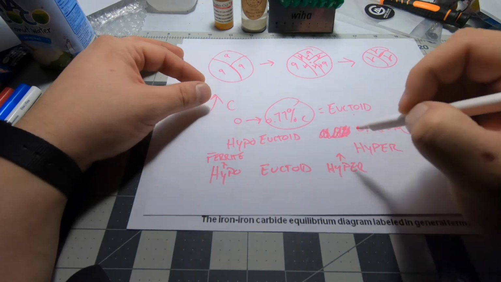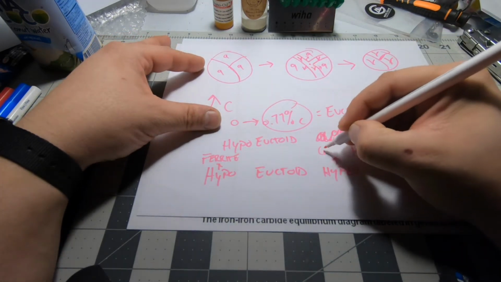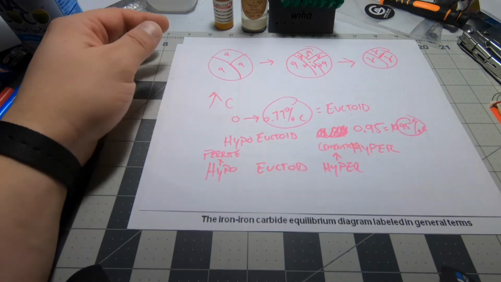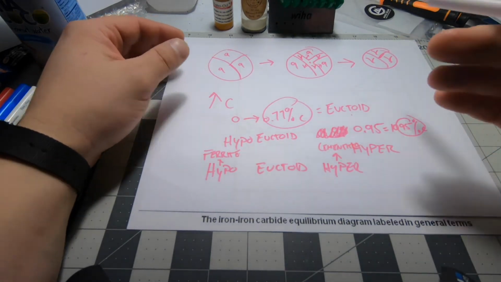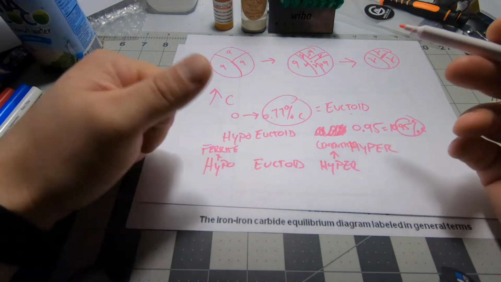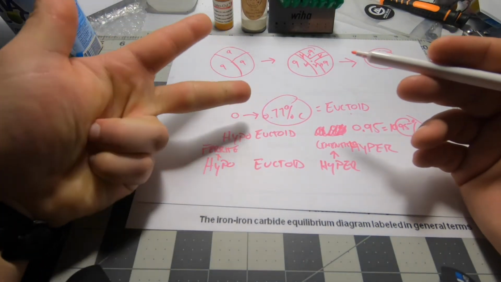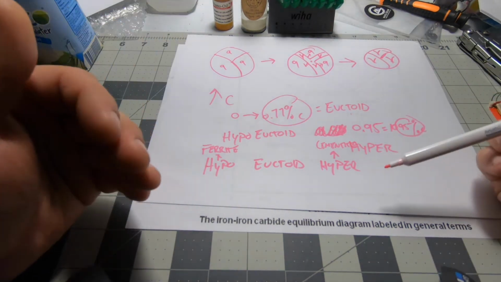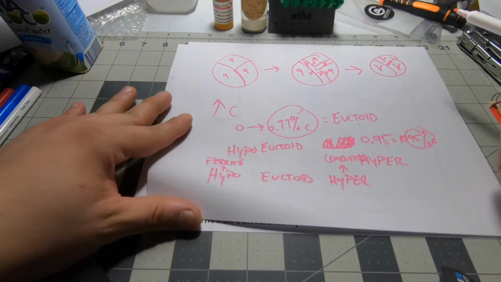That third one that we get is called cementite. Okay, so now we have ferrite, austenite, cementite, and it's all based off of the amount of carbon in a steel.